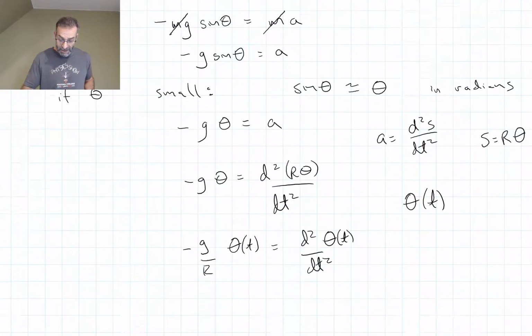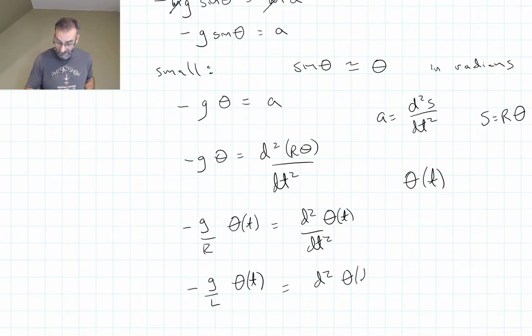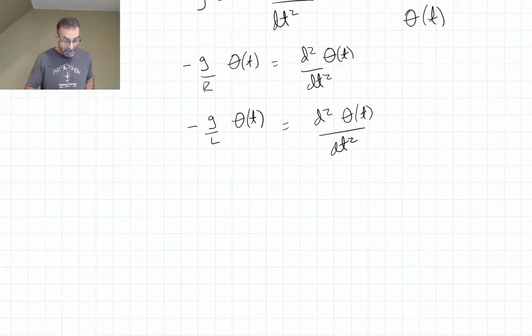So I'm going to change this to an L. The length of the string times our theta, which is really a function of time, has to be the second derivative of that function with respect to time. So we take two derivatives. We get negative a constant times our function back. That means that a sine or cosine function will satisfy this requirement.